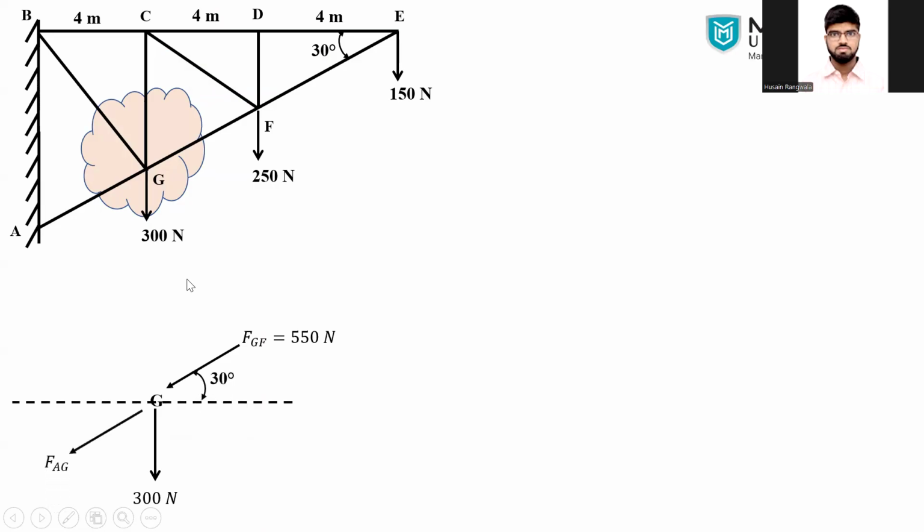Similarly, FAG, I am assuming as a tension, also acting at 30 degree. FCG was a compression, 125 Newton downward, and we have to assume FBG, which I am also assuming as a tension. But we have to find the angle of FBG.